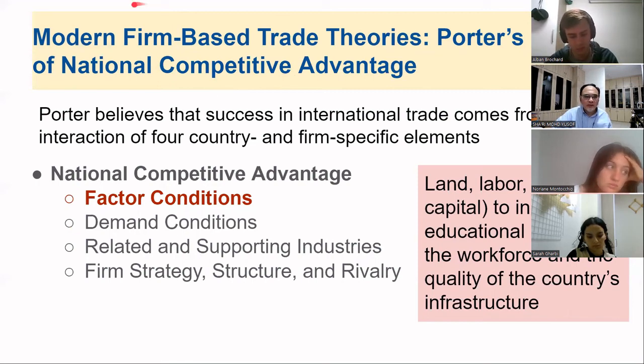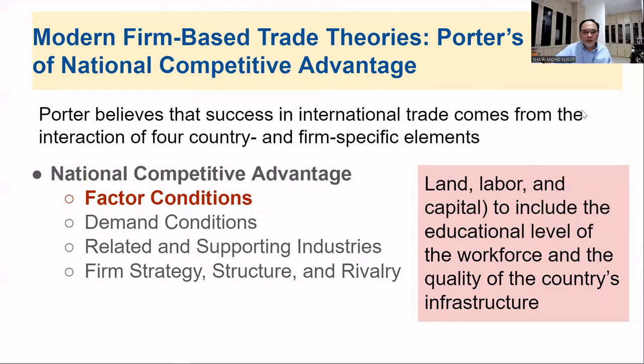Probably you have studied this before. Porter's competitive advantage, national competitive advantage. Porter's theory of national competitive advantage.